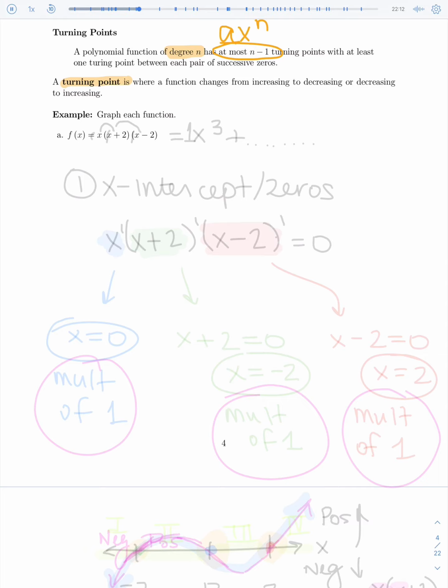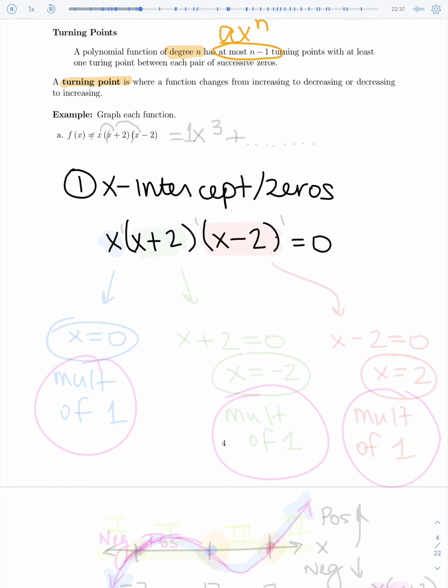Let's take a look at this first example. In this first example, they've actually done a lot of the hard work for us by factoring this for us. So the first thing that we're going to look for is our x-intercepts, our zeros, which means we're going to take our little factored polynomial and set it equal to 0.